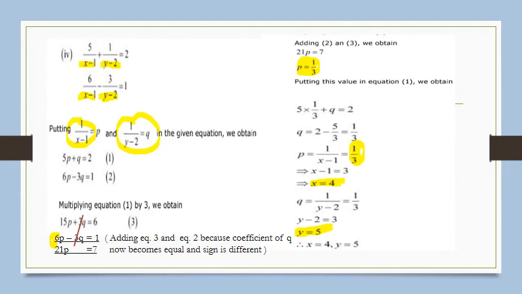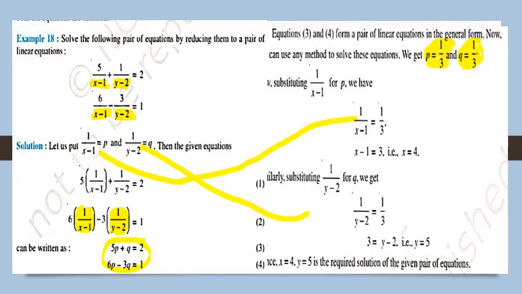So in this way, you can solve equations which are not actually a linear pair of equations. You have to reduce those equations to the form of a linear pair, and then solve using any method. Now see here again the same question.